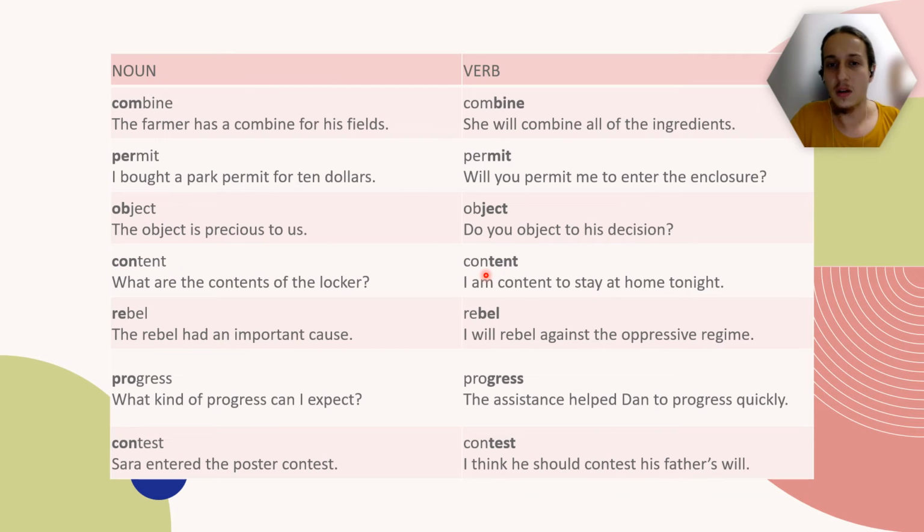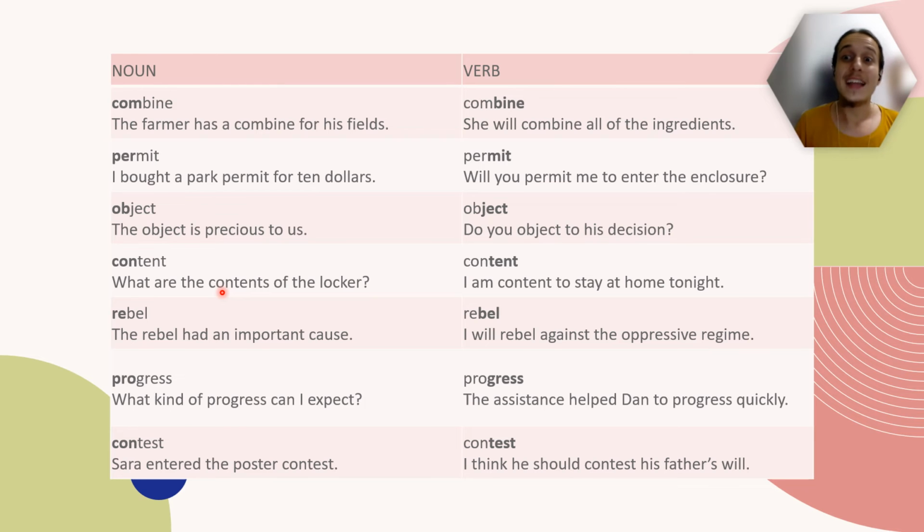Content, content. What are the contents of the locker? What is inside the box?